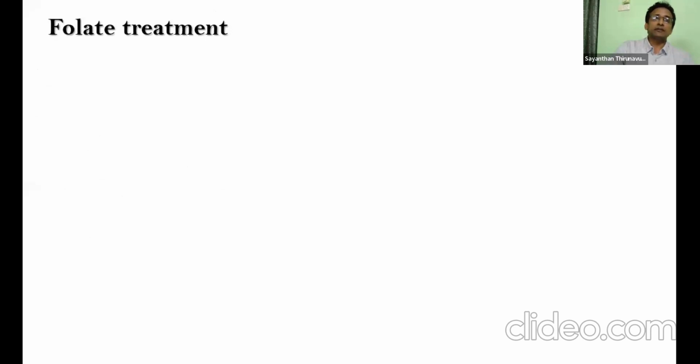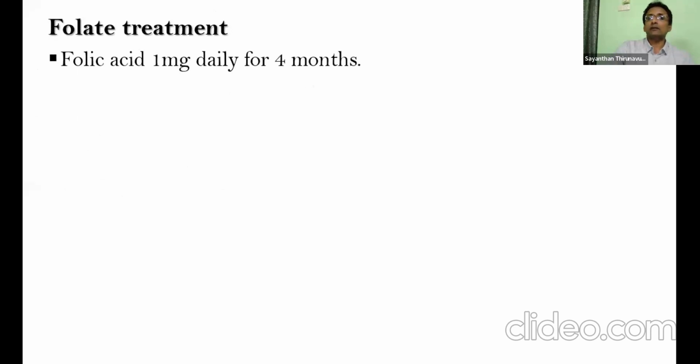Then folate treatment. What they are recommending is folic acid 1 milligram daily, that is 1 to 5 milligram. Though it is said that 1 milligram is enough for 4 months, the duration can be extended depending on the deficiency.